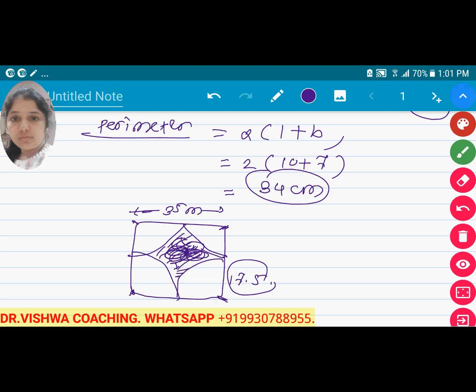Okay, now by using the grazed area formula, for this quadrangular portion there is a formula using the angle, because this is a square, so this is a 90-degree angle. So the formula becomes pi r square theta upon 360, where theta is 90, r is 17.5 and pi's value is 22/7.